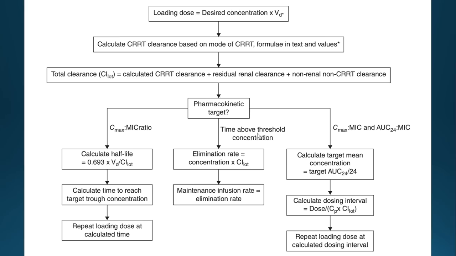Now is my drug concentration dependent, time dependent or AUC dependent? It goes in depth. Otherwise, the message from the slide is that every drug depends not only on the clearance, because you already calculated clearance, which was so much complexity, and after that there is more complexity.